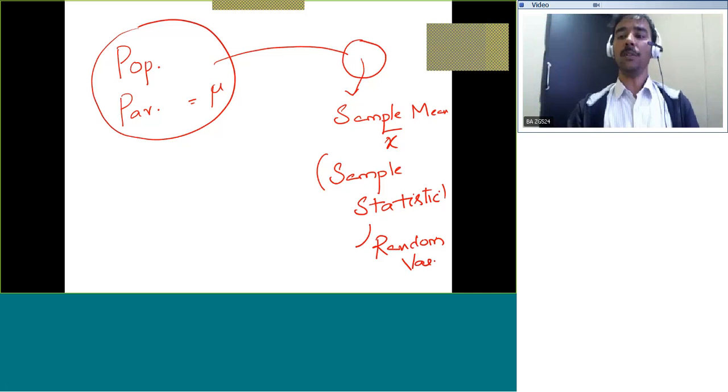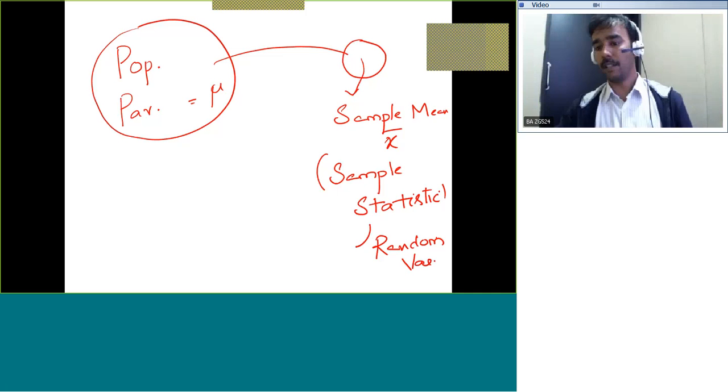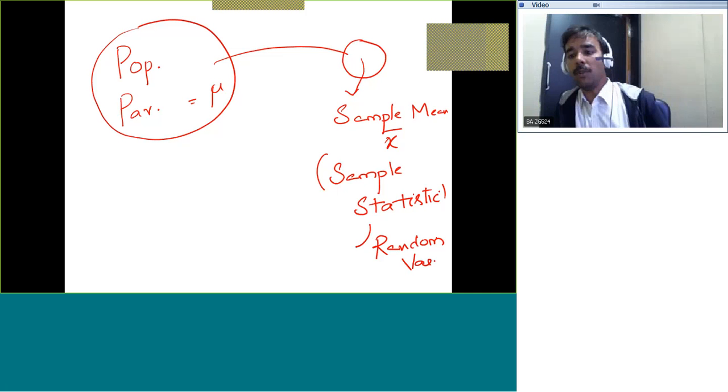Now, once you know that the sample statistic is not a constant, it is a random variable that varies from sample to sample, the basic concepts come into the picture. You know very well that for a given random variable, one can construct the probability distribution, calculate expectation, variance, and standard deviation.